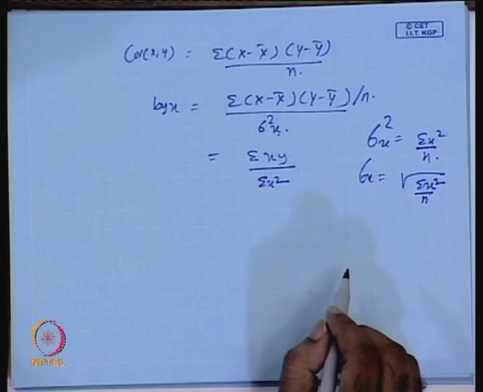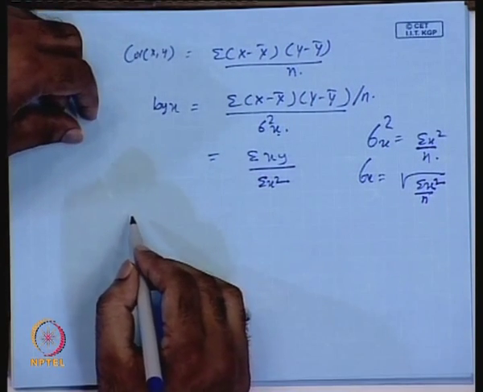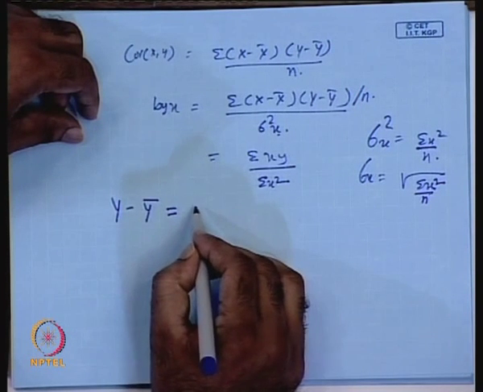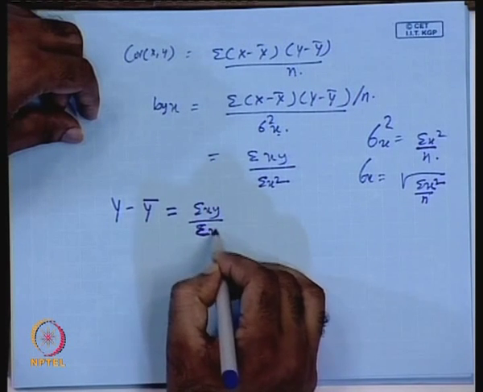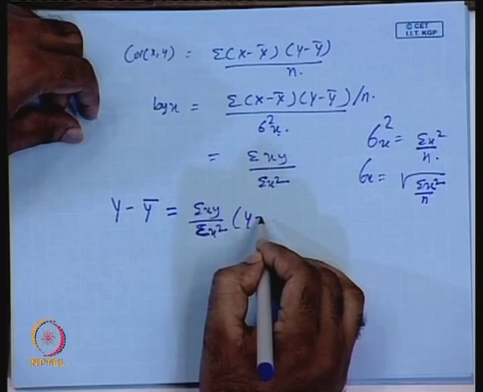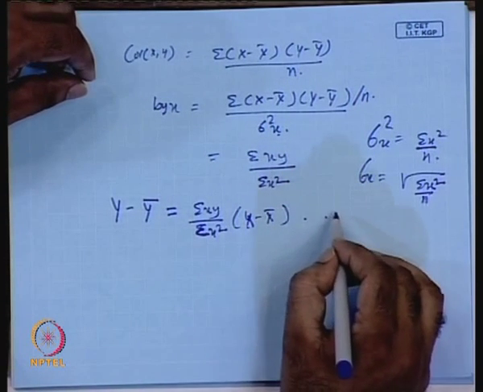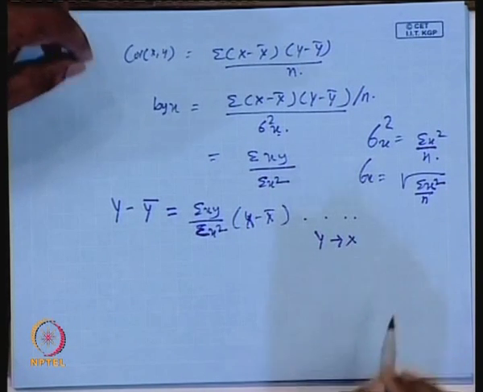So, now this is byx. If you simplify, then it is nothing but y minus y bar equal to summation xy by summation x square into x minus x bar. So, this is the y on x regression equation.